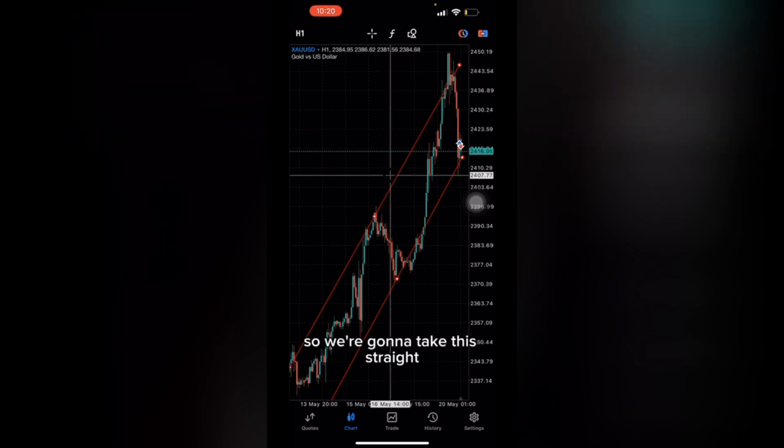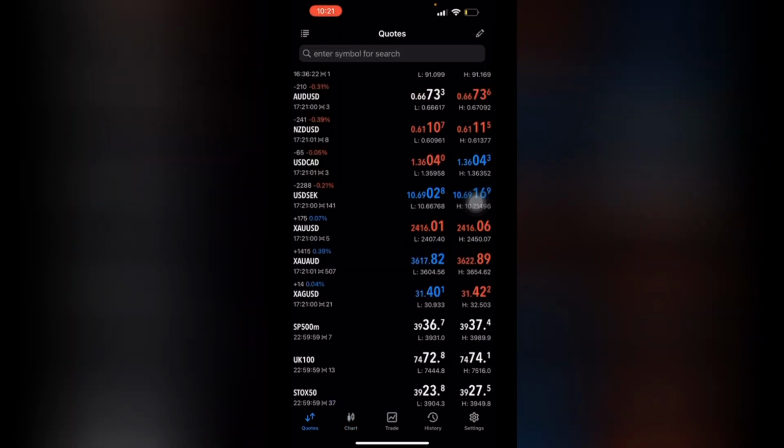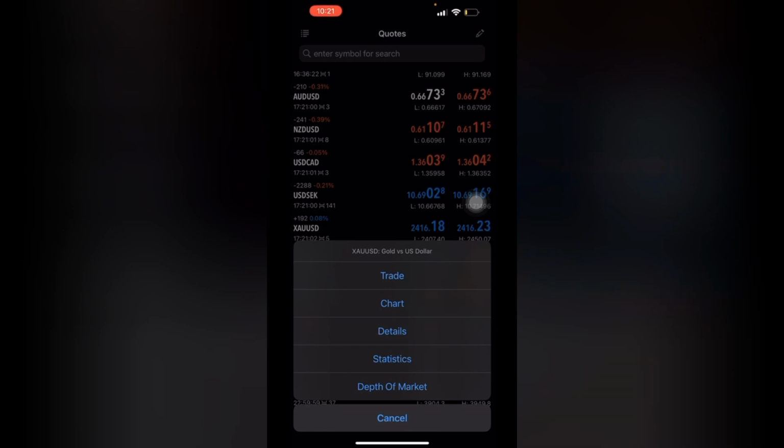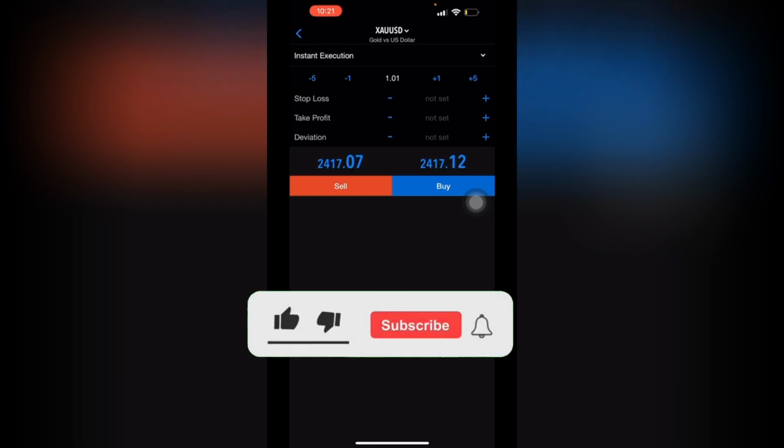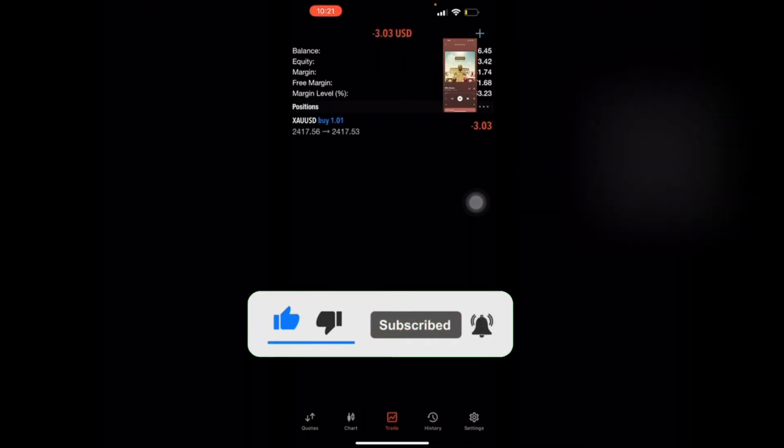So we're going to take this trade. We're going to take lot size 1, then I hit buy. There we go.